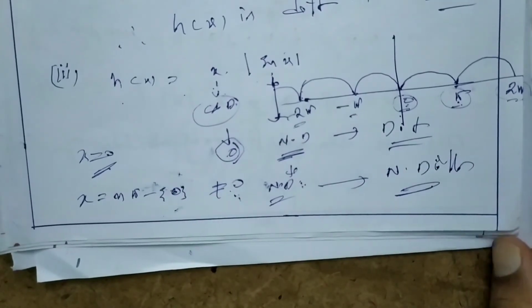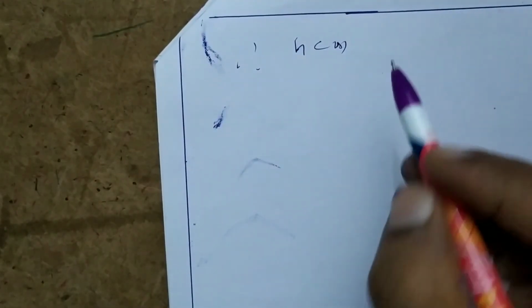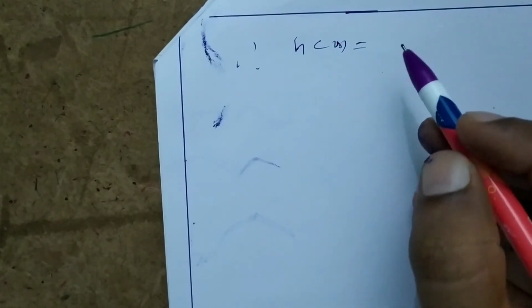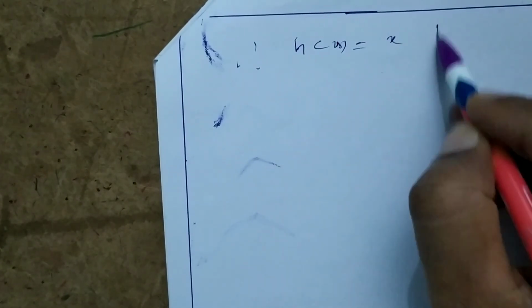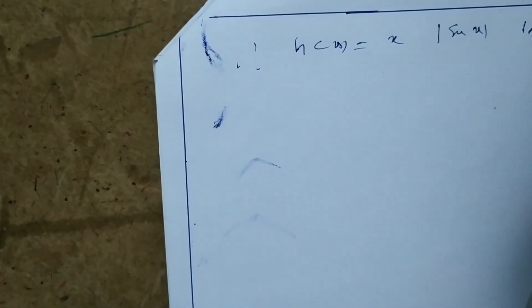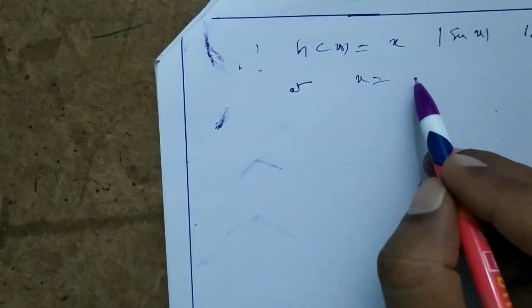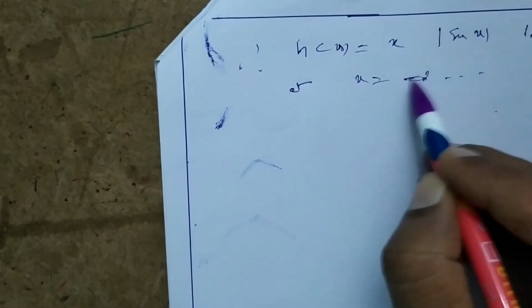So what can you conclude from this? Therefore, we can say that h of x is equal to x into modulus of sin x is non-differentiable at x is equal to minus 2 pi, minus pi, plus pi, 2 pi, 3 pi and so on.